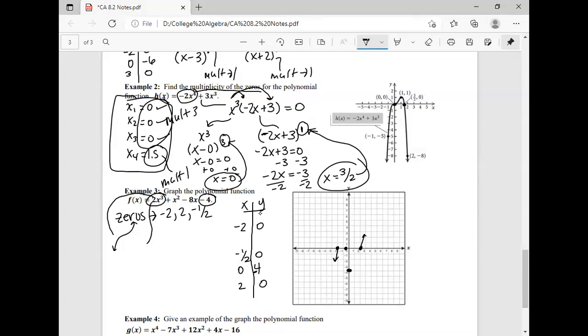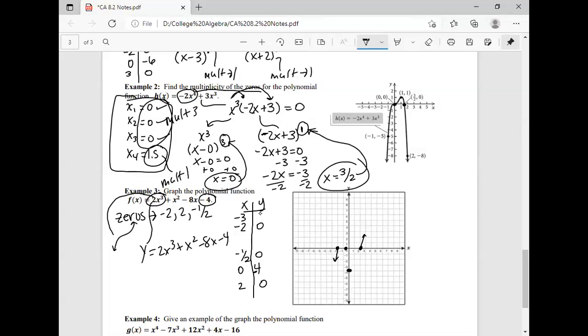Go to y equals and type in 2x to the third plus x squared minus 8x minus 4. I know you guys know how to do that, so I'm not asking you to do that right now. But when I did that, I found some other points by doing the second table. I tried to pick points on both sides of my intercepts.